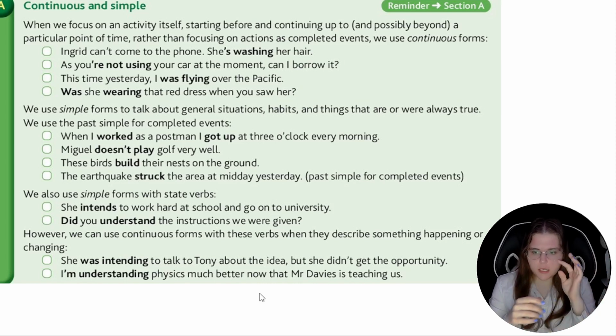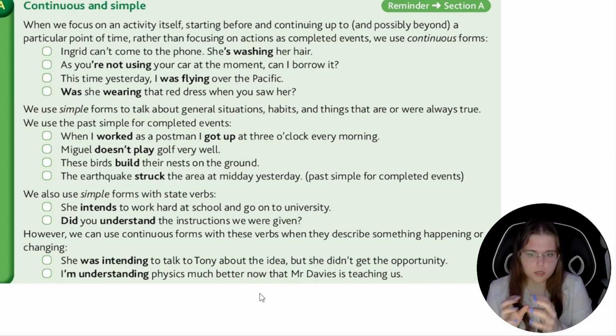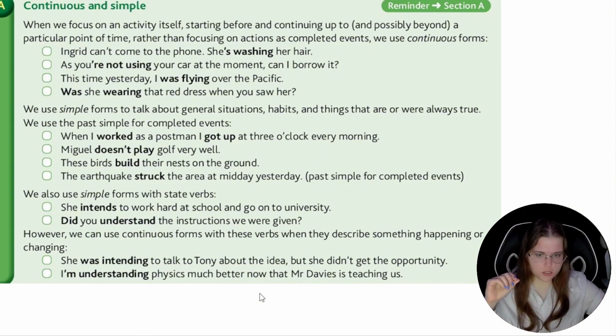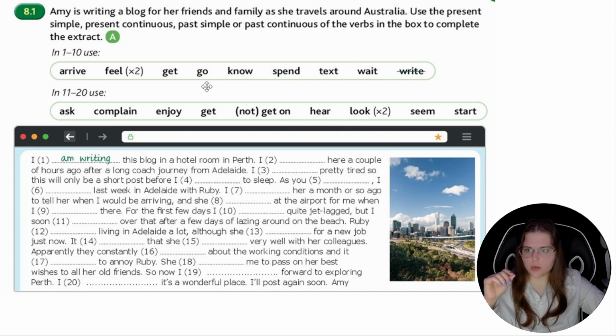No, but I am understanding much more, much better now than he is doing it. So, situations when something is happening or changing right now. This is happening right now.